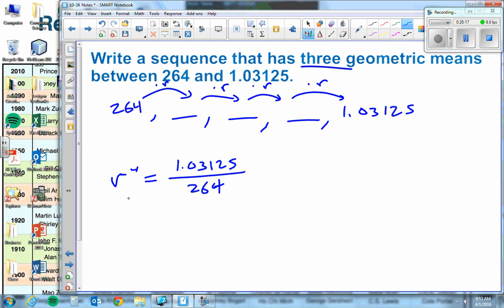So someone with a calculator now, figure out r. Take the 4th root of that. Tell me what you get. It really is 0.25 when you round it.